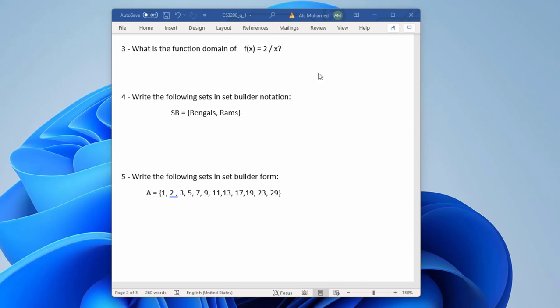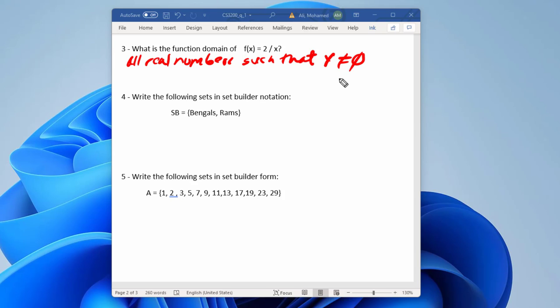Number 3, what is the domain of the function f(x) equals 2 over x? This is pretty easy, you can see it right away. You can say it's all real numbers such that x is not equal to 0.